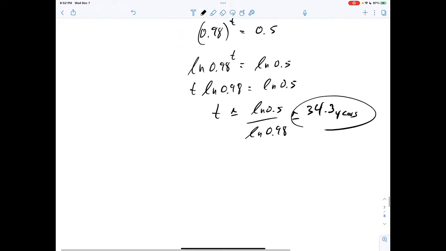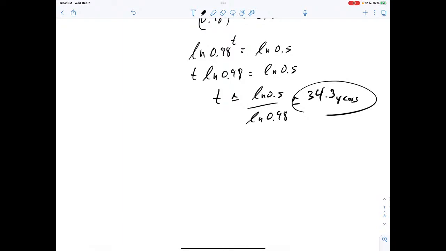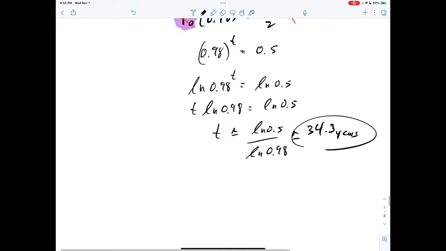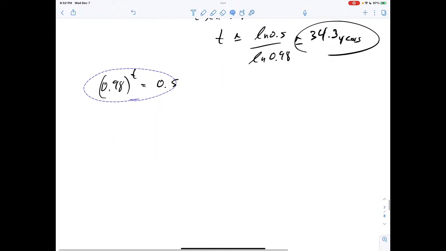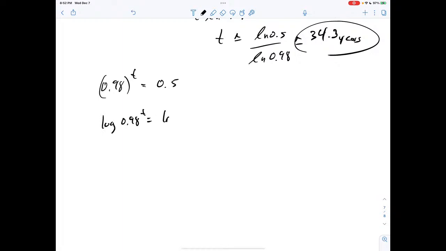No, it does not matter. If you take the log of both sides, you actually get the same answer. Just to show you, here's 0.98. If I take the log of both sides, it's going to be log of 0.98 to the t is log of 0.5. So t is going to end up being log of 0.5 over log of 0.98.